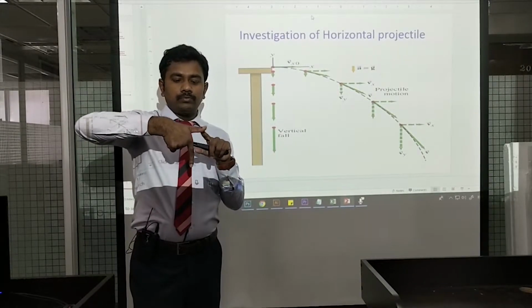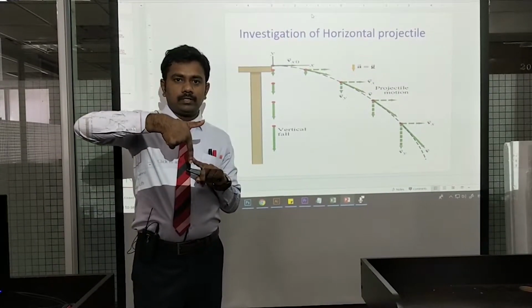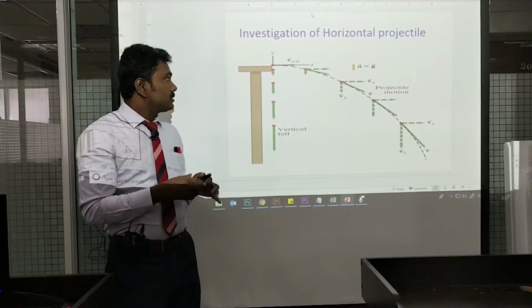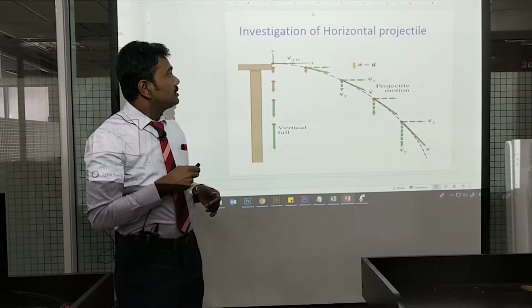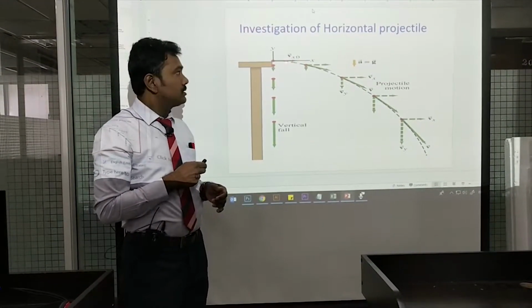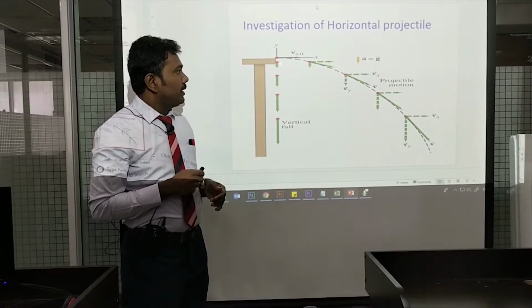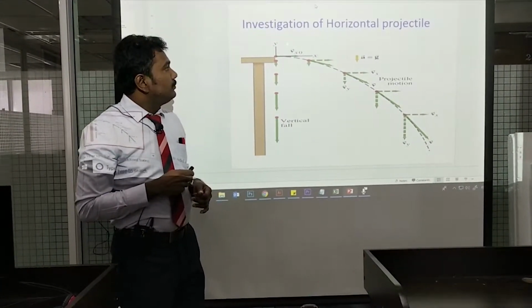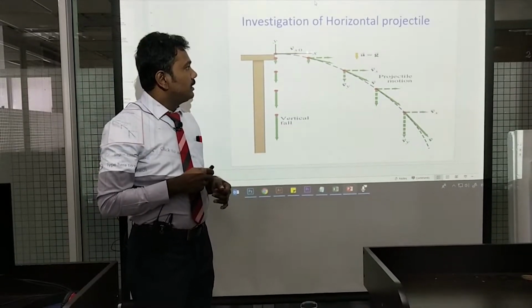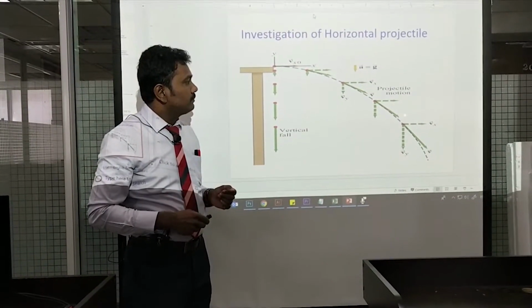The horizontal component is taken as Vx and the vertical component as Vy.